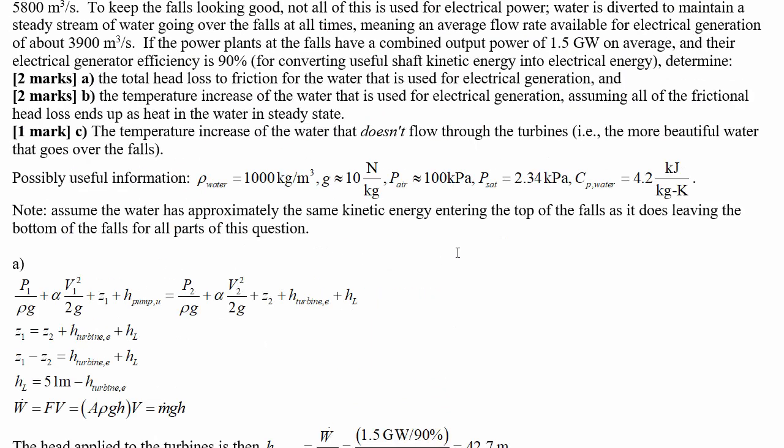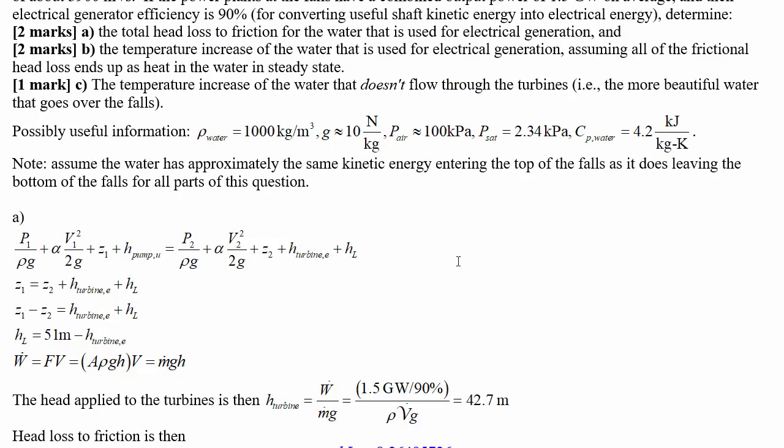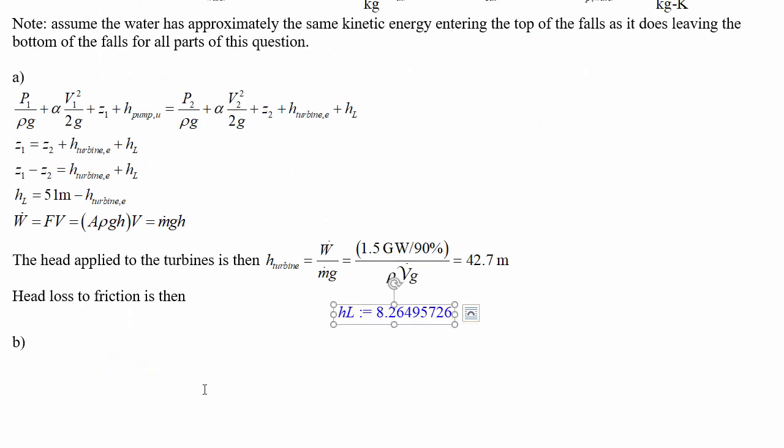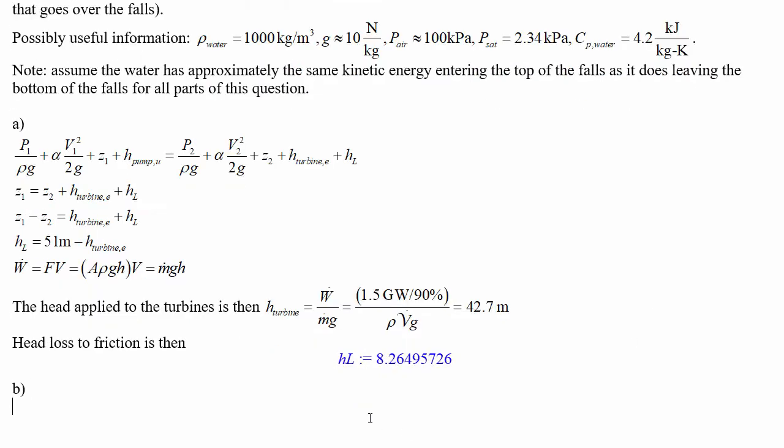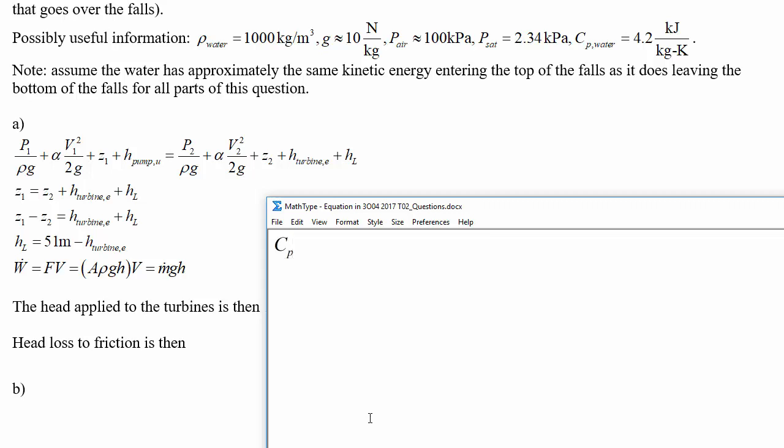To do this part, what they ask is figure out how much of a temperature increase this head loss to friction corresponds to. And to figure that out, we're going to need to make use of this heat capacity term for water. So this parameter lets you figure out how much energy is associated with a certain temperature change. So let's see how this works. This gives you an energy for a certain mass and a certain temperature change.